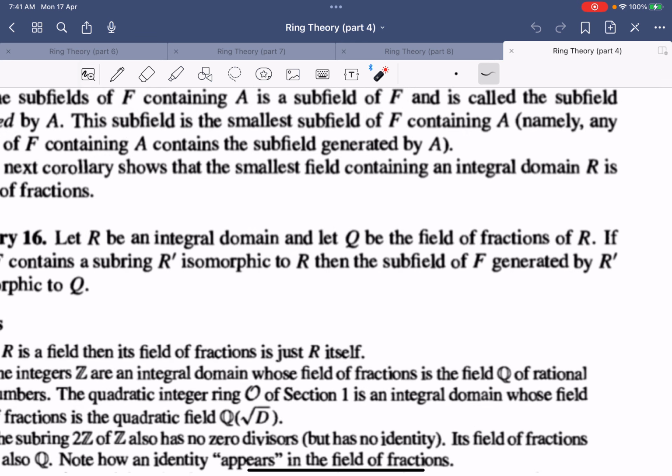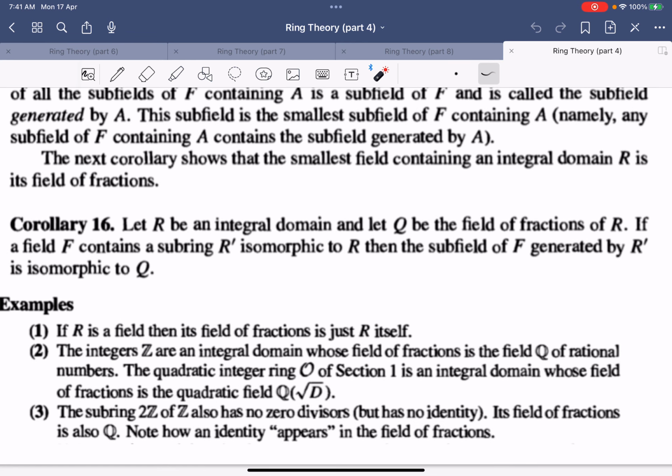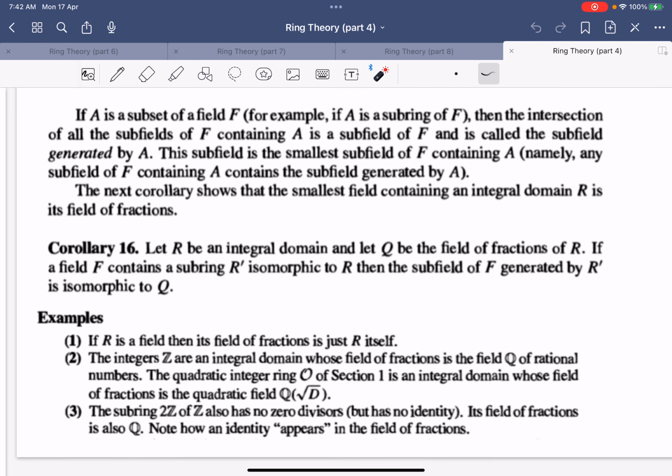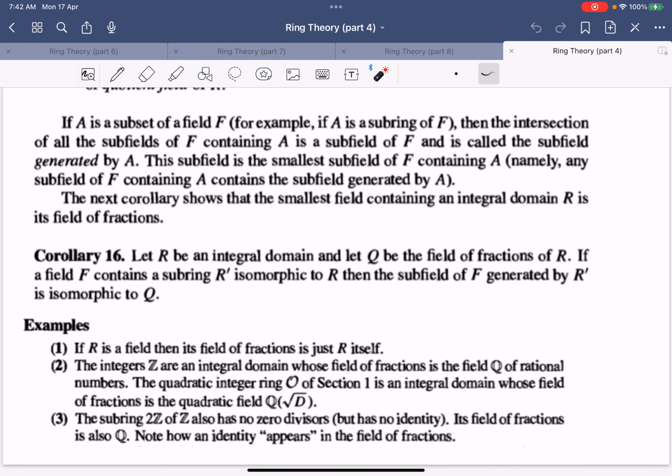So really what we want to take note of are some examples. If R is a field, then the field of fractions of course is just R itself by this corollary. Z being an integral domain, the field of fractions will be the field of rational numbers. And you can see this example, which is very interesting.